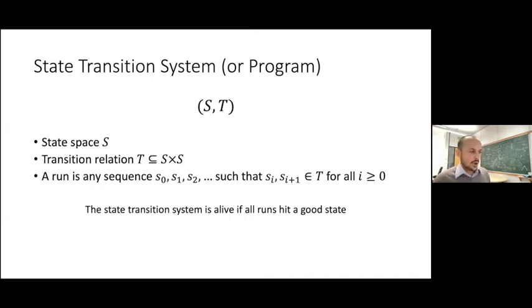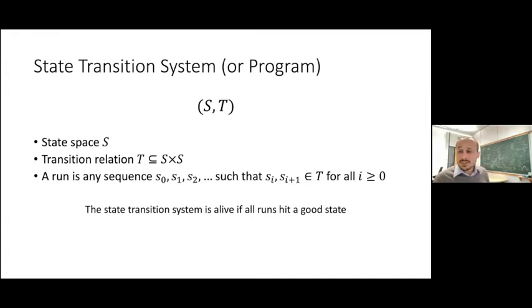Now, how do we connect this with a program? Well, we can think of the states as all possible configurations of the variables of the program, all the possible configurations of the call stack, of the memory in general. And as the program executes, we have a transition, a change in the state, a change in the memory configuration. And what does it mean for a program to always hit a good state?